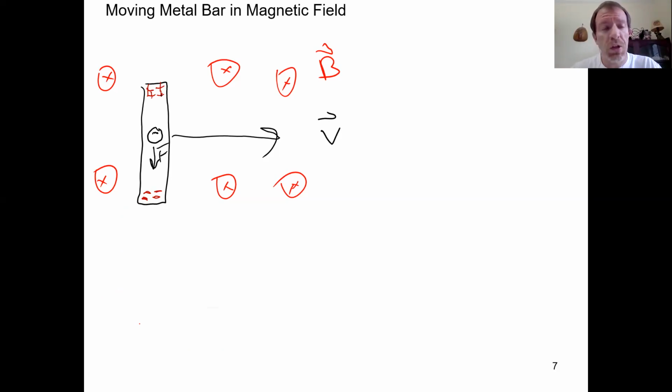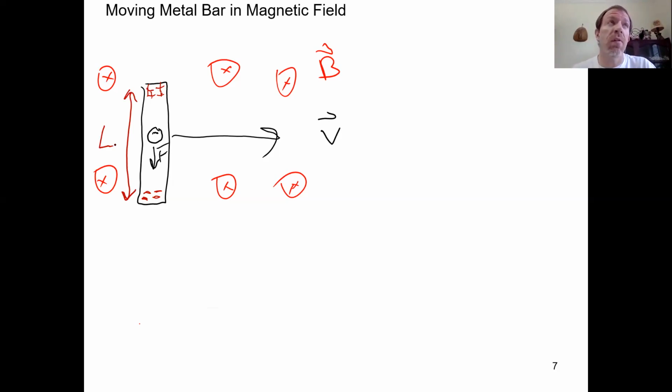Negative charges would accumulate at the bottom. What's actually going on? Electrons from the top are moving down to the bottom and leaving an excess of positive charge up at the top. So we've got a positive charge and a negative charge separated by some distance. Say the length of the rod is capital L. So they're separated by L.